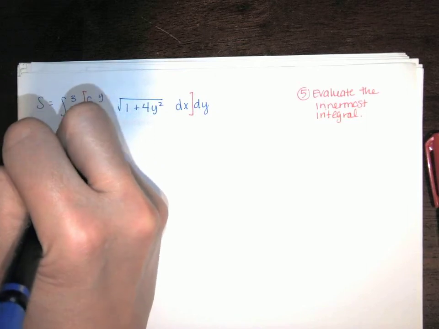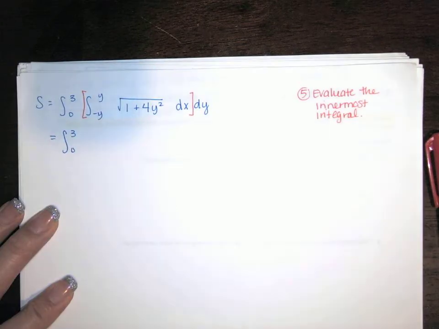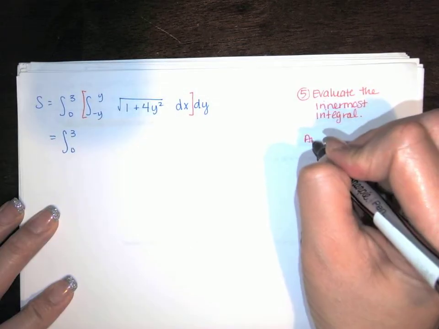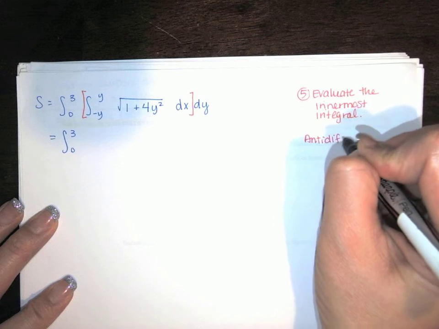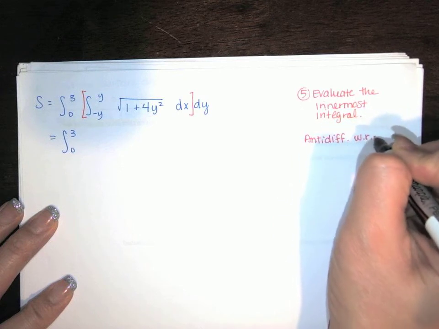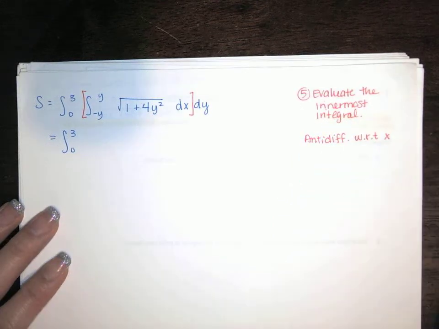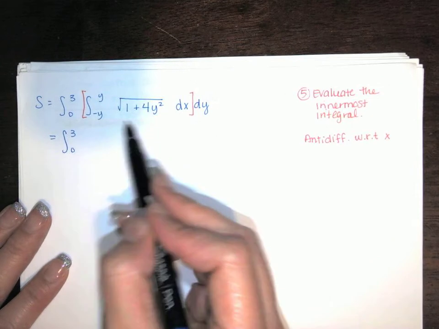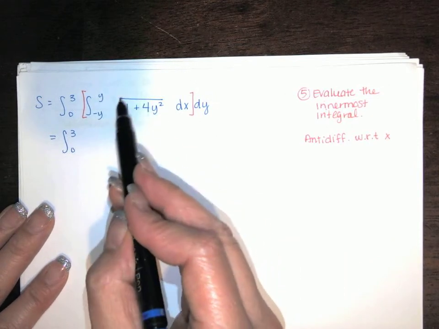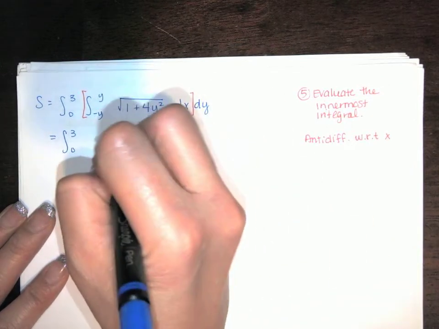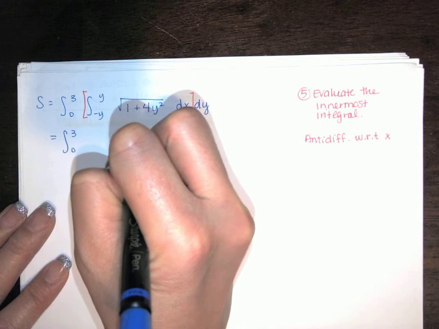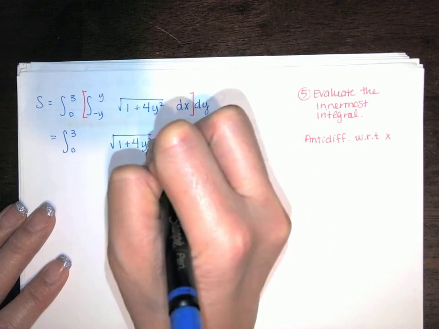So we are anti-differentiating with respect to x. Well, if this is constant with respect to x, the antiderivative of a constant with respect to x is that constant times x.